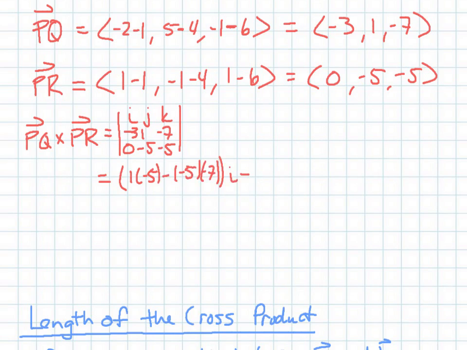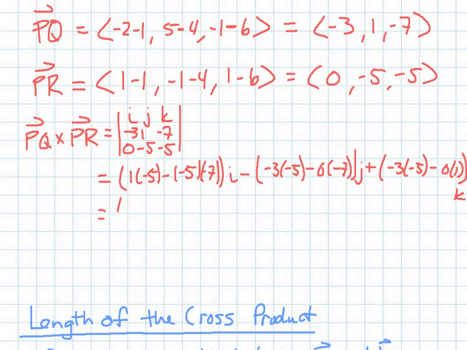I minus, it'd be negative 3 times negative 5 minus 0 times negative 7, j, plus, and then it would be negative 3 times negative 5 minus 0 times 1, and that would be for k.